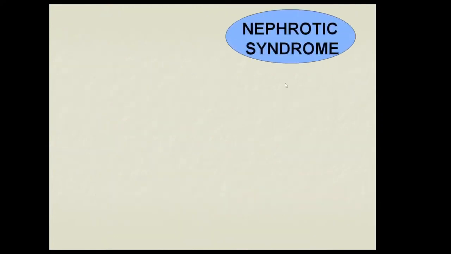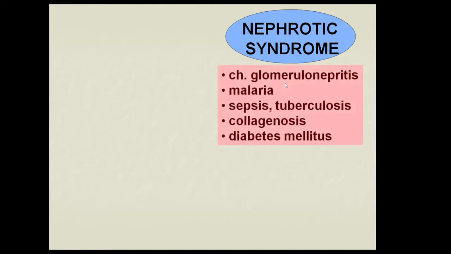Nephrotic syndrome. A syndrome characterized by disturbed protein and fat metabolism. It is characteristic for patients with chronic glomerulonephritis, but it may occur in any other pathology characterized by involvement of protein and fat metabolism.